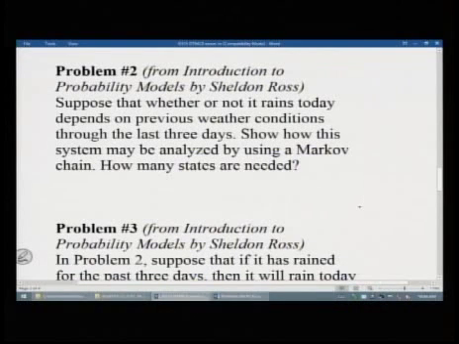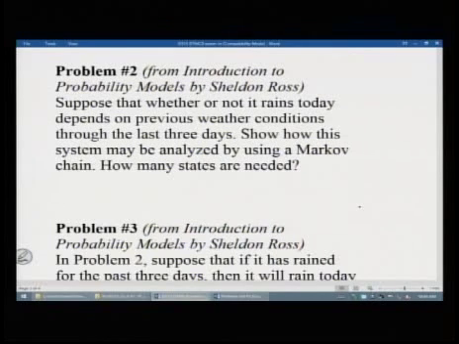Okay, and just to let you know, the next 3 problems were extracted from one of the reference books that I've listed in our syllabus, which is Introduction to Probability Models by Dr. Sheldon Ross. So again, let me give you a couple of minutes.